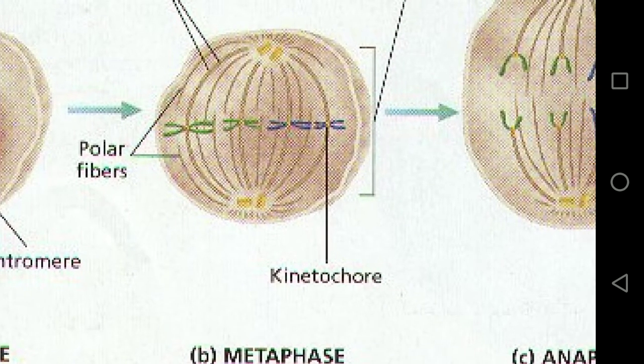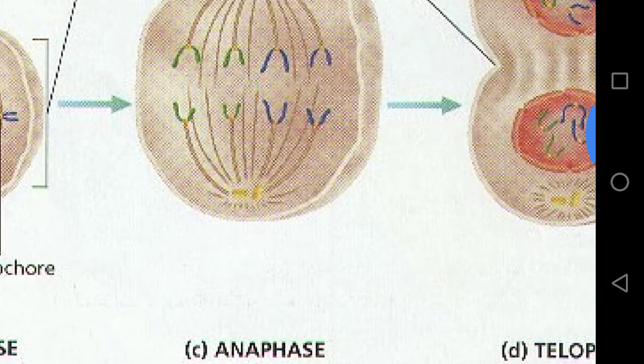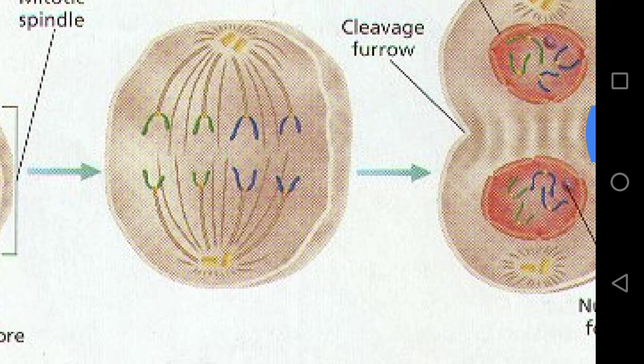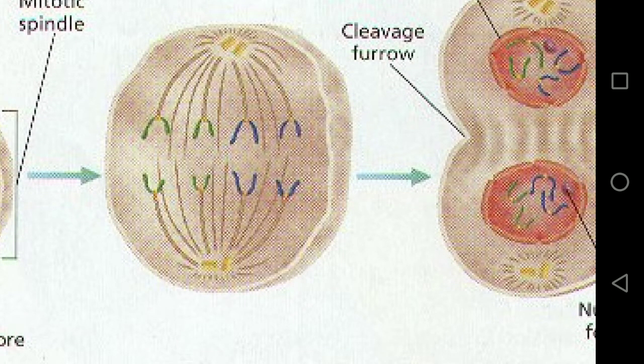In metaphase, the chromosomes have lined up along the center of the cell, and that's very pronounced and noticeable. You can see the spindle fibers and the centrioles have taken a very specific location and where they're going to be anchoring those chromosomes. And then during anaphase, you can see that the chromatids have been separated and they're being pulled apart, and they will be isolating to opposite sides of the cell.